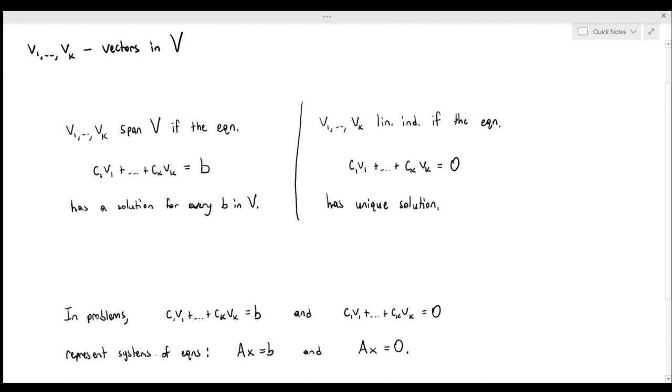When we're doing our problems, we usually end up writing them as a system of equations. And again, the left-hand side of these equations is the same. It's going to have the same coefficient matrix when you set up the system of equations.